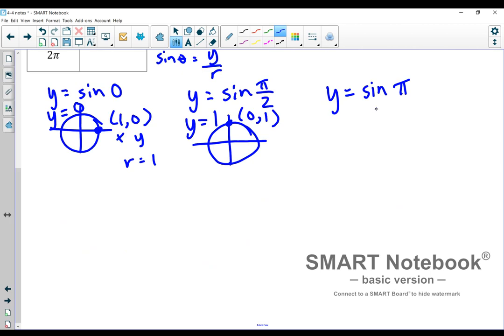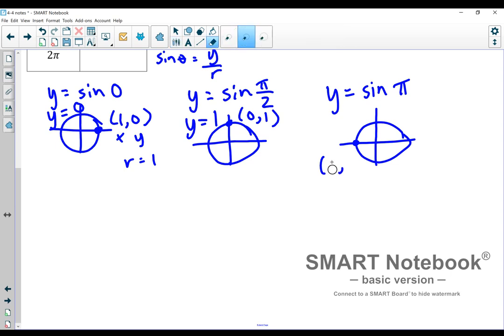So let's see, sine of pi, that's going to be over here. So my x is, sorry, -1, my y is 0. I'm kind of getting ahead of myself. And so again, on my unit circle, it's just going to be this y value when I look at sine. So 0 over 1 is just 0. So this y is going to equal 0 because my sine is 0.